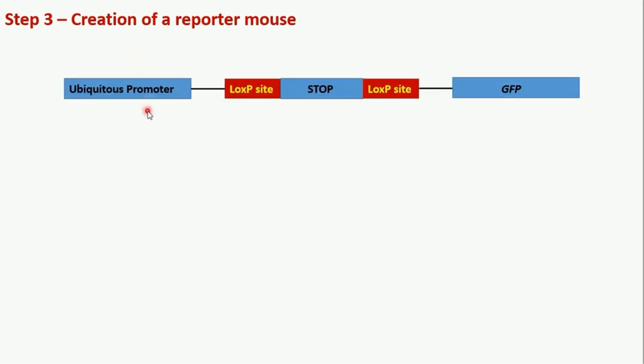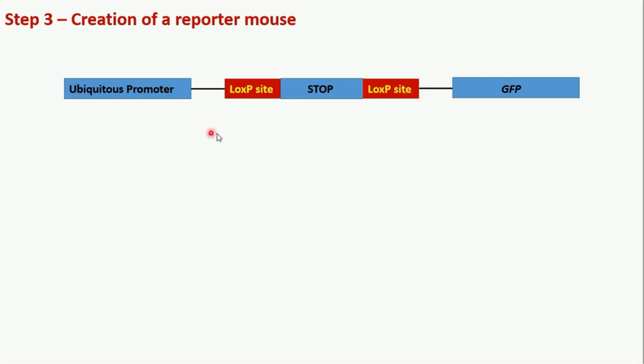So how are we generating it? To generate a reporter mouse, we take a sequence where we have a ubiquitous promoter. What do we mean by ubiquitous promoter? A ubiquitous promoter is one which is expressed in every cell equally, right? After this ubiquitous promoter, we use a stop sequence, and this stop sequence is flanked by LoxP sites.